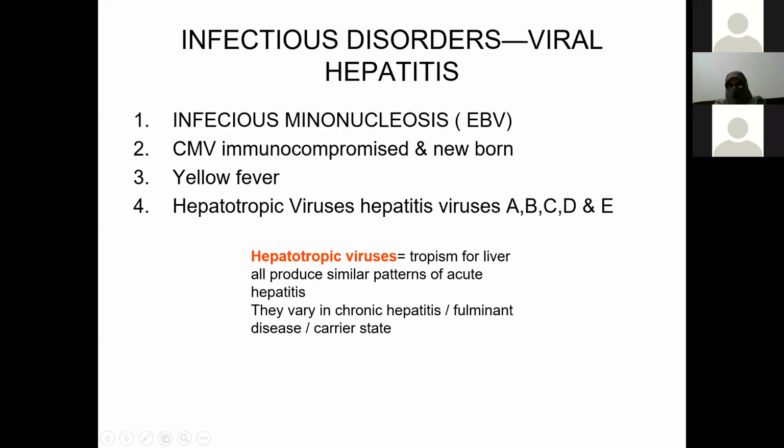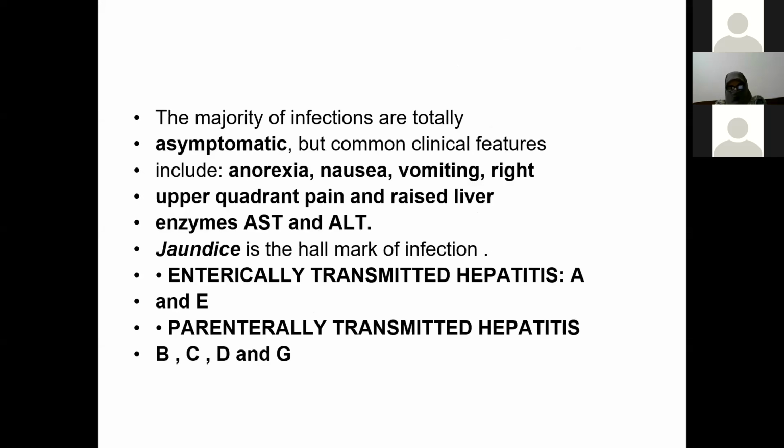And the basic take-home message is that at the end of the lecture, at least you should be able to understand which hepatitis viruses have the capacity to cause chronic hepatitis and carrier state. So basically, then we will know the importance of these viruses.